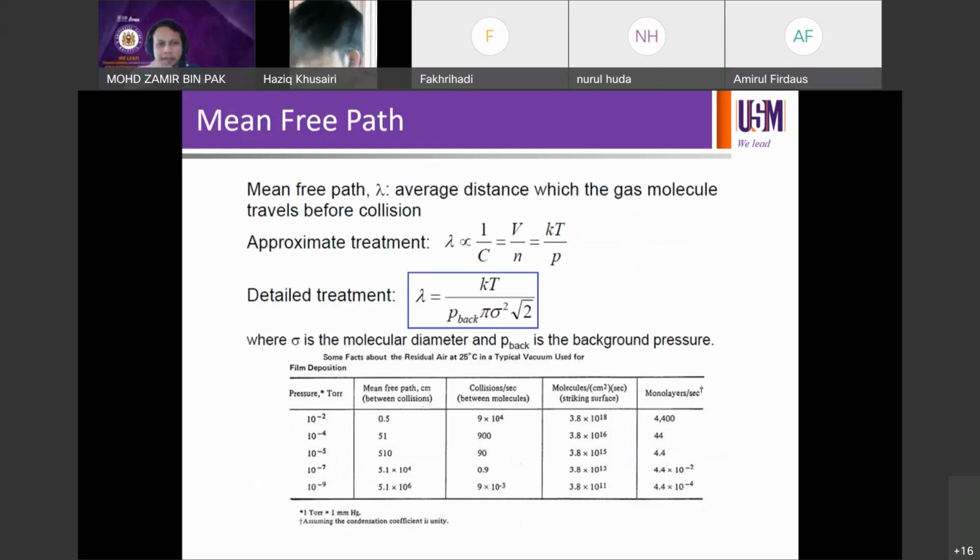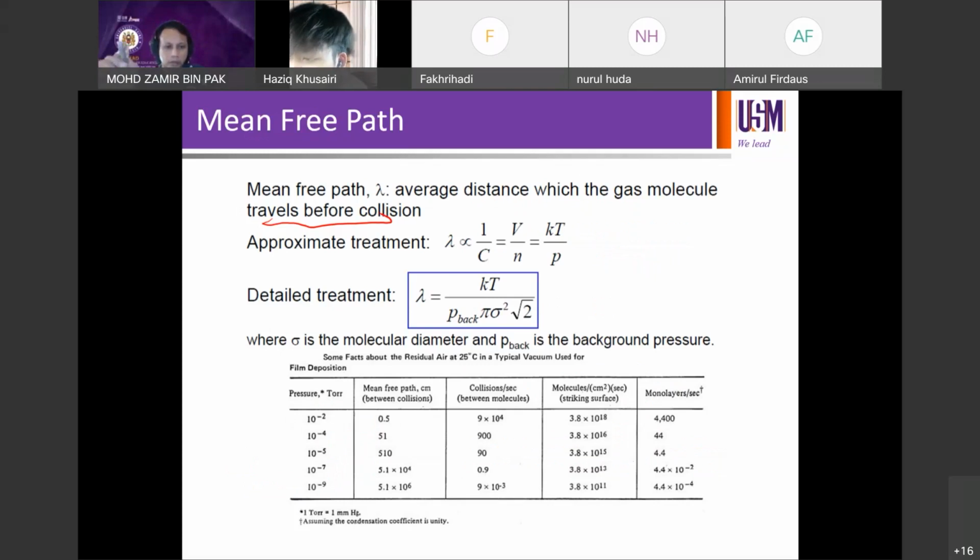So mean free path is again the average distance which the gas molecule or the evaporant, the material to be evaporated, travels before collision. Okay, travels before collision. Dah langgar, it will be scattered or gone. Okay, sebab dia tak akan sampai kepada kita punya destination, right?